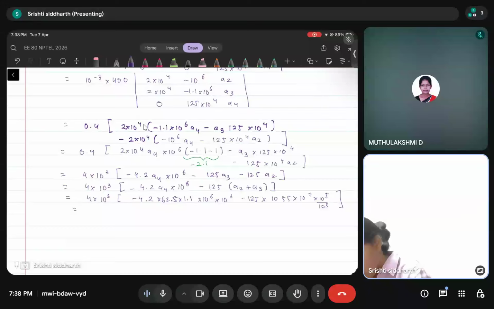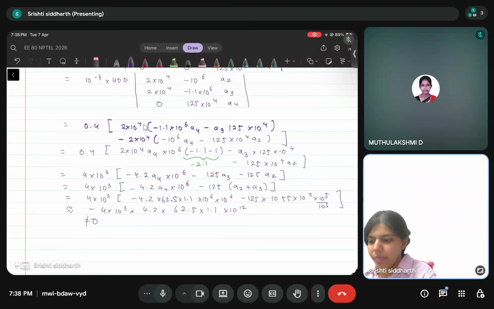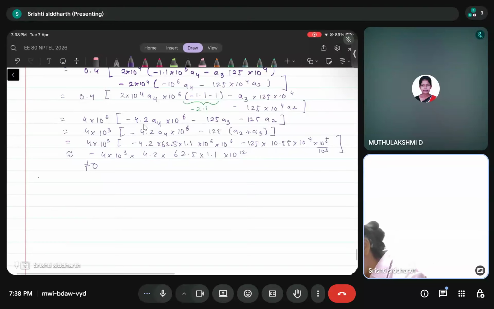So this is going to be approximately minus 4 into 10 to the power 3 into 4.2 into 62.5 into 10 to the power 12, which is non-zero. This implies that the rank of the controllability matrix is 5, which implies that the pair AB is controllable.